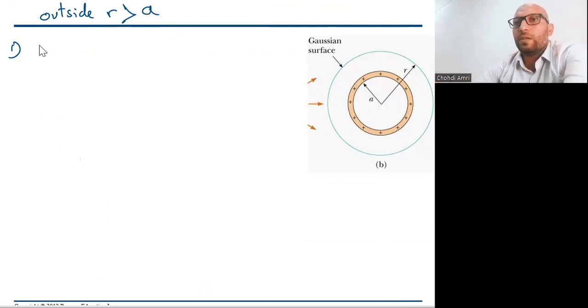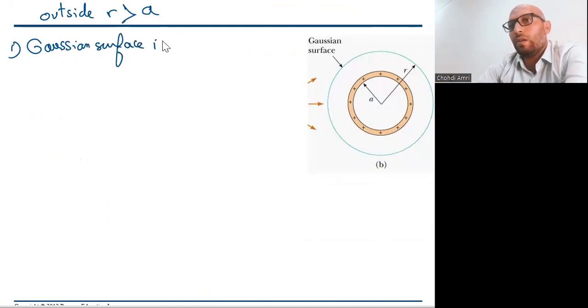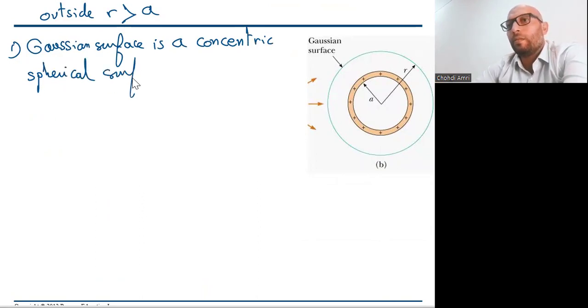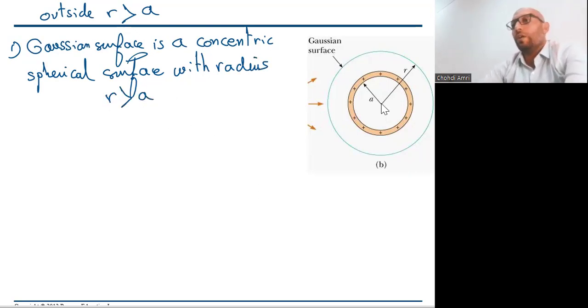The Gaussian surface is a concentric spherical surface with radius r, but r in this case is larger than the radius of the charged sphere, the charged shell.